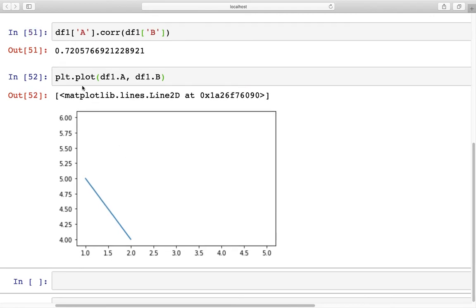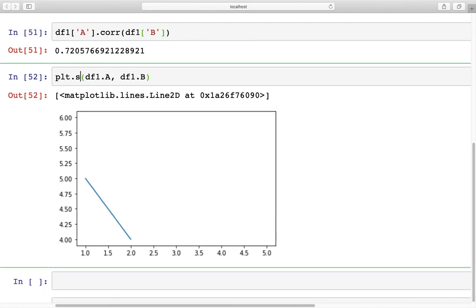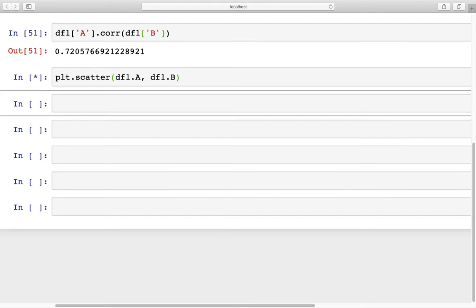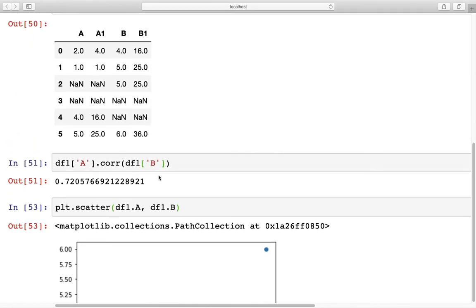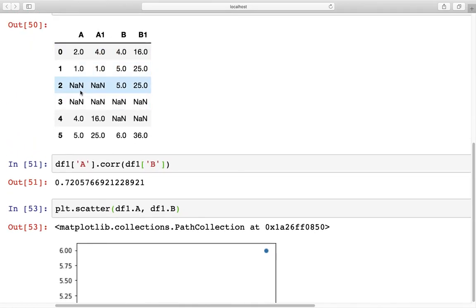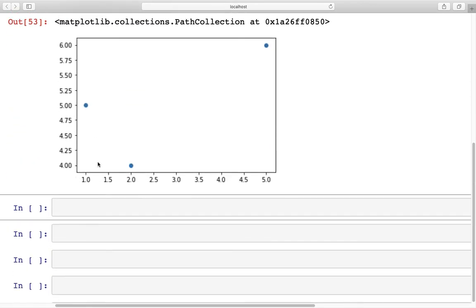And these are the values we have. We just have 3 data points because all others have NaN either in A or in B. But we do see that as A increases, B seems to be increasing.